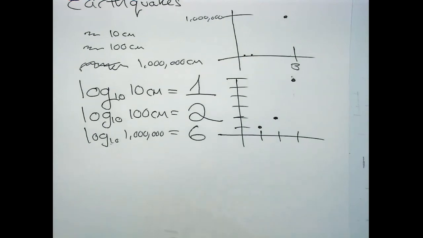Now, we have something which is referred to as the Richter scale. And the Richter scale is a logarithm based on intensity.